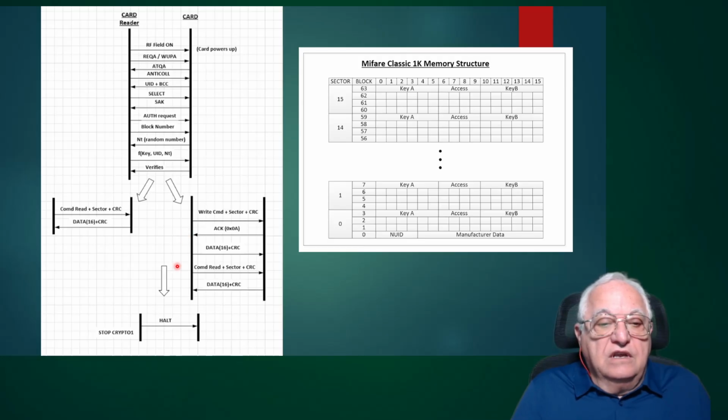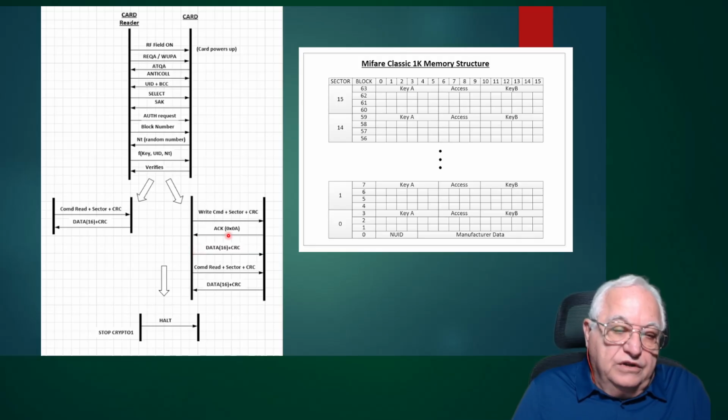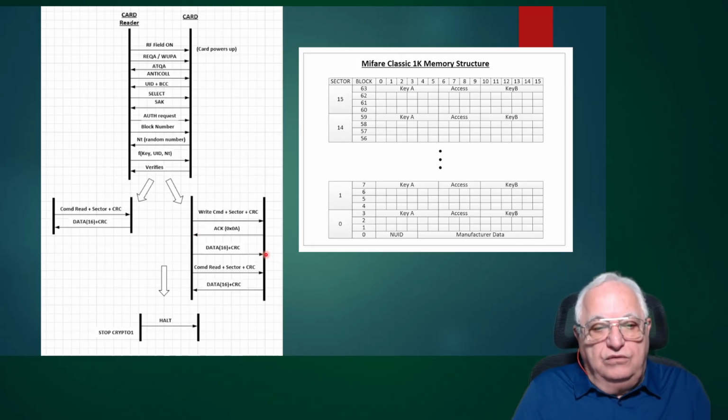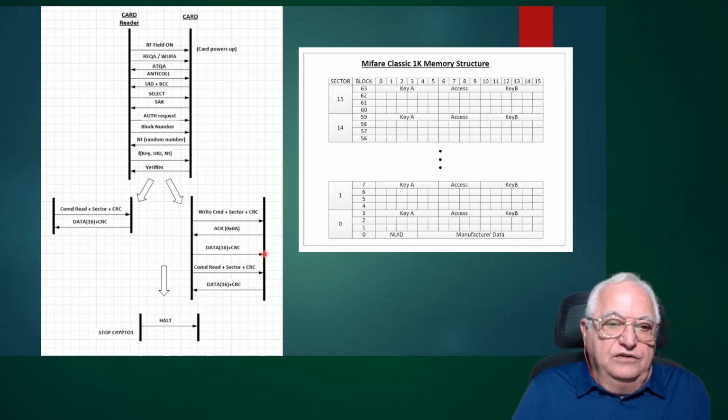Then you send the data that you want to write. After that, a good thing to do is send the command to read the sector with the CRC, and you get this sector. So basically, I want you to write, this is the data I want you to write, and then you read it back to make sure that everything got written as you expected.